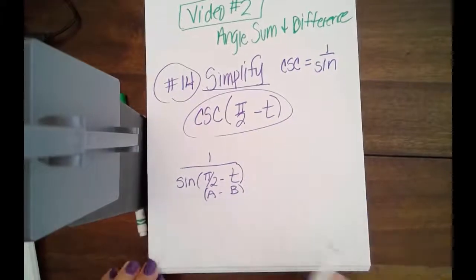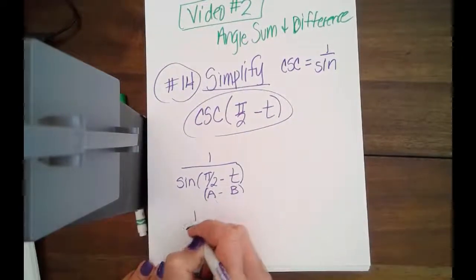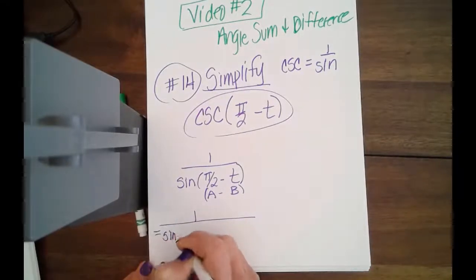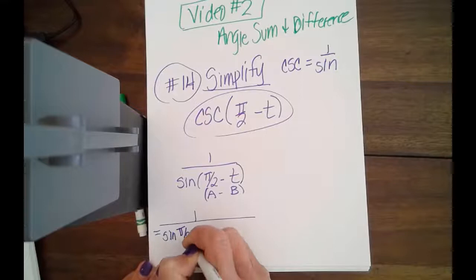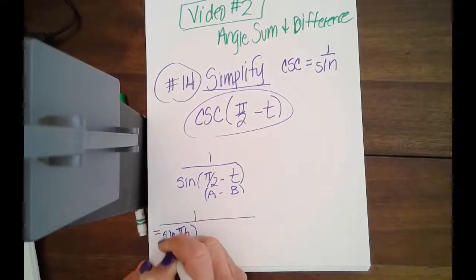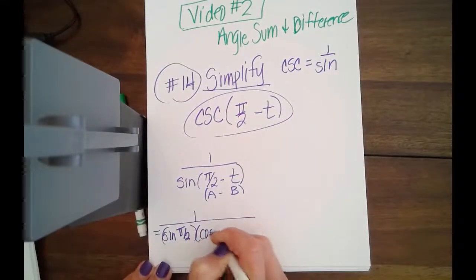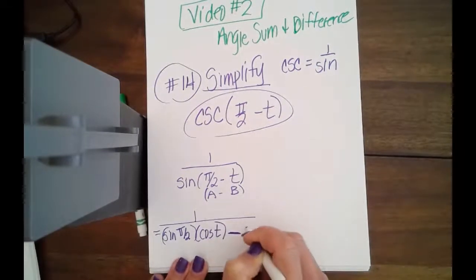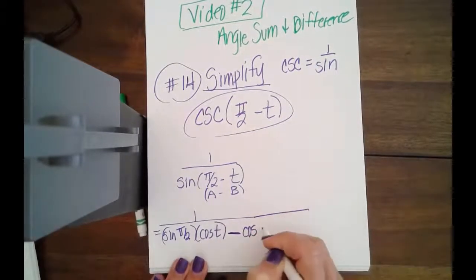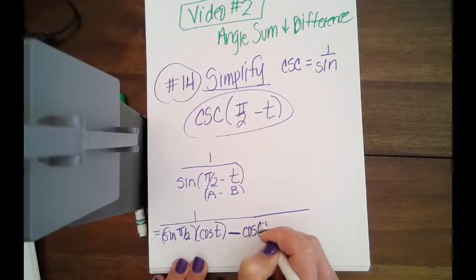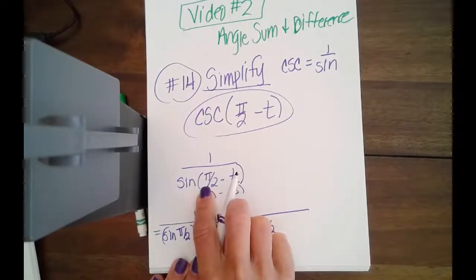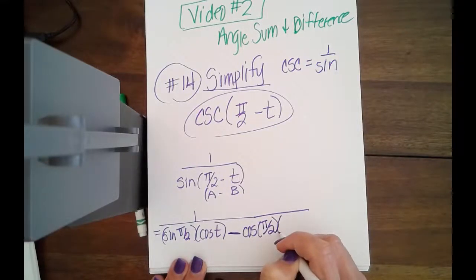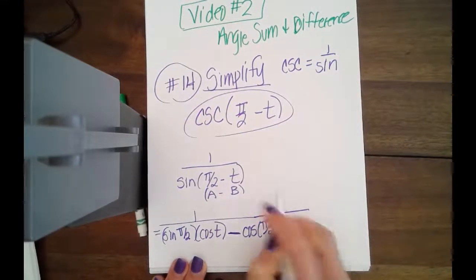So we're going to write it as such: 1 over sine of pi over 2 times cosine of t, then a minus sign, and now cosine of my alpha angle, my first angle, multiplied by the sine of my beta angle.